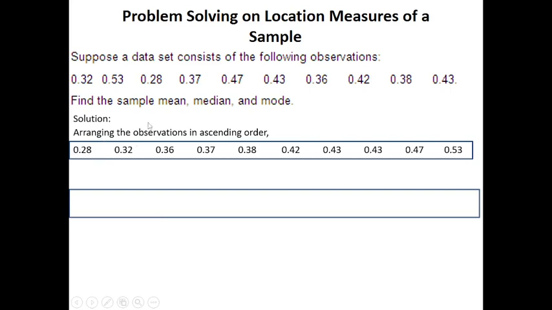So this is now the arrangement. The lowest number is 0.28, then the second lowest is 0.32, and so forth. So arranging, we have this one, and we now have x of 1 value, x of 2 value, x of 3 value, and so forth.